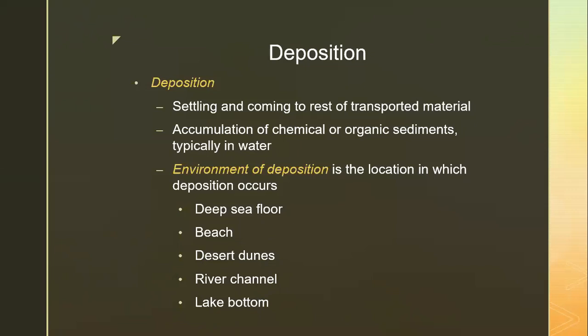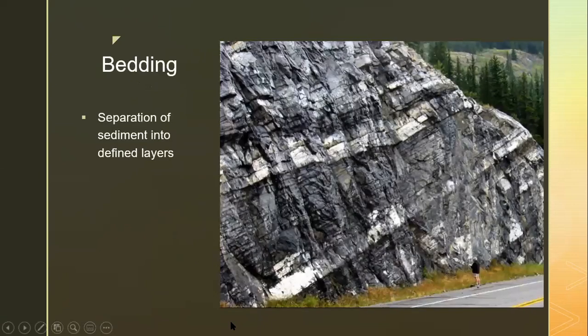For example, a lake bottom can dry up, producing mud cracks. Once a lake dries up, the water will dry up in the muddy sediment, and it'll crack, and that'll produce mud cracks. Whereas the deep sea floor usually doesn't produce mud cracks. So we'll look at those in the coming slides.